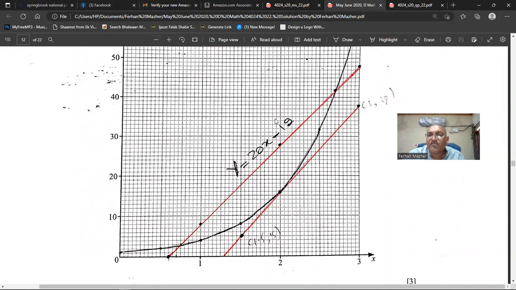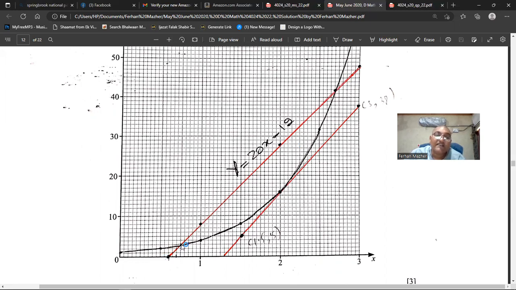That's a straight line. Simply make a table and put 2 or 3 values of x in that equation, and you will find the y values, then plot them. This red line represents the line y equals 20x minus 12. When this red line cuts your curve, at 2 places, check the value of x there.